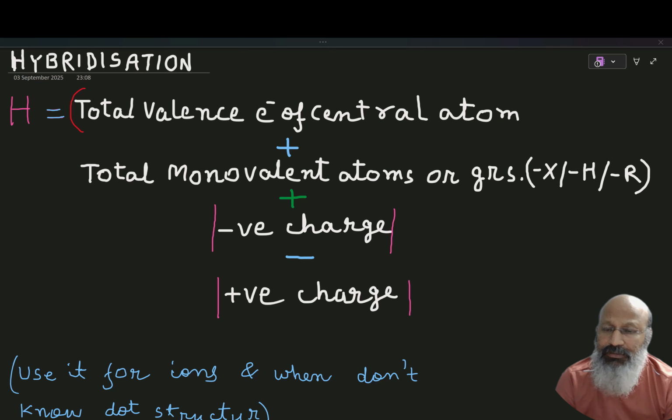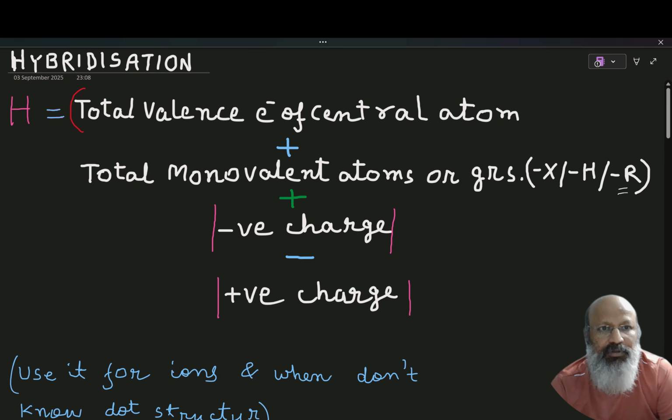So, let's get started. Our first formula is: total valence electrons of the central atom plus total monovalent atoms or groups. Monovalent atoms or groups means those atoms or groups whose valency is 1, such as fluorine, chlorine, bromine, iodine, hydrogen, and sometimes an alkyl group also, which I have written down here.